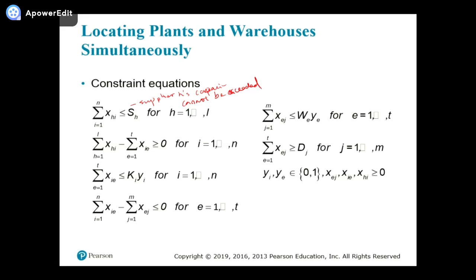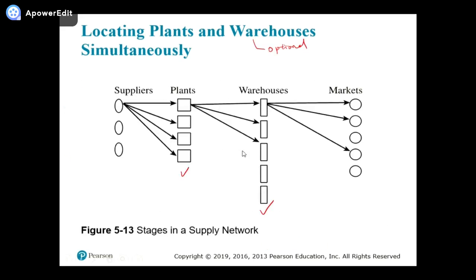And the second constraint, knowing that for, say, the plants, right? The plant is not just a demand location for the suppliers, but it's also a supply location for the warehouses. So it has inflows and outflows.